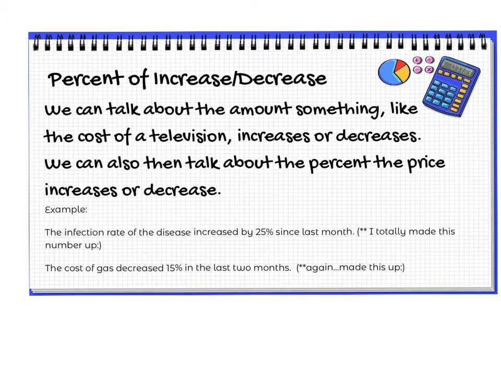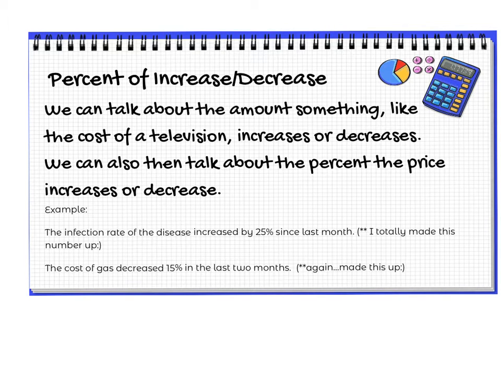For example, percent kind of evens things out. I could talk about how the cost of gas here is cheaper than where I'm from in Pennsylvania. I'm assuming that's because we're close to Corpus where the refineries are. So we could talk about how much the gas costs, but I can't really compare that because the base price is different.